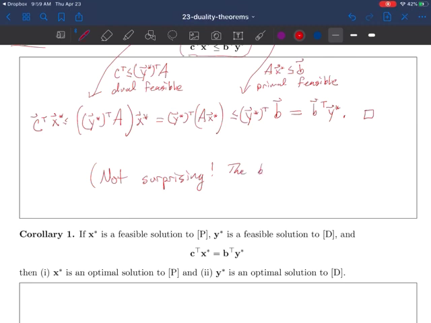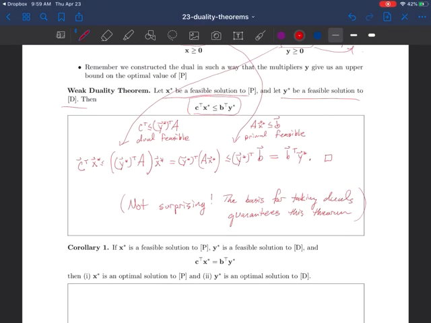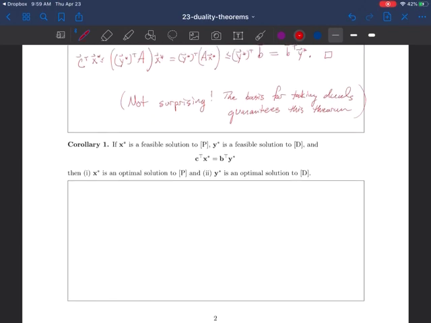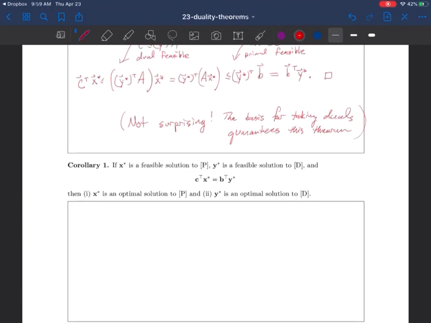Okay, this should not be surprising. This is the basis for taking duals, guarantees this theorem. The whole point was we were deriving bounds. So this is just formalizing the bounds that we got.